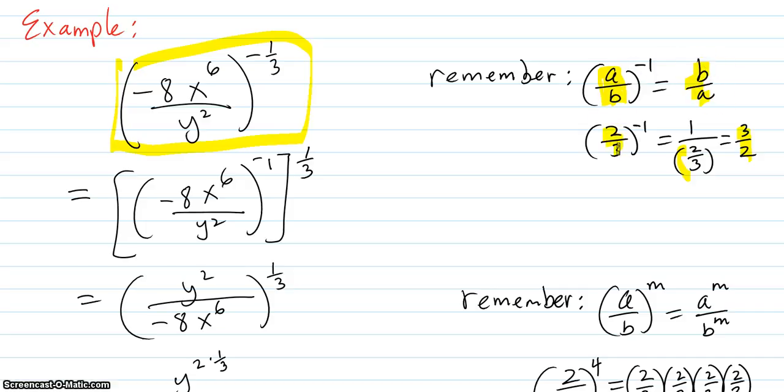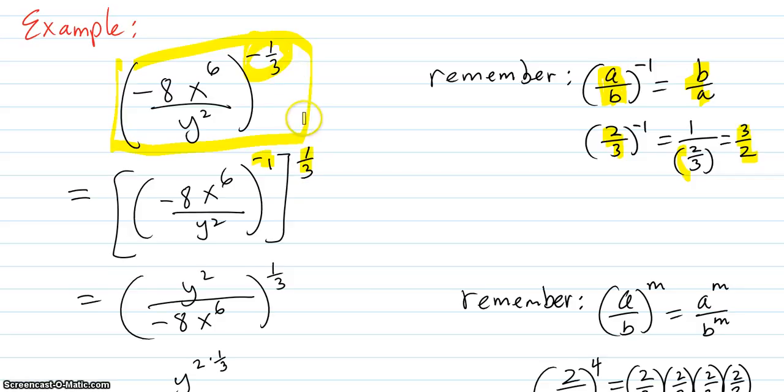For example, 2/3 to the negative 1 is 1 over 2/3. That's what it means. And so that would be 3/2, which is the same as turning 2/3 upside down. You get 3/2. So I took this negative 1/3 and I wrote it as negative 1 with a 1/3 on the outside. So if I multiply them back, I get this.